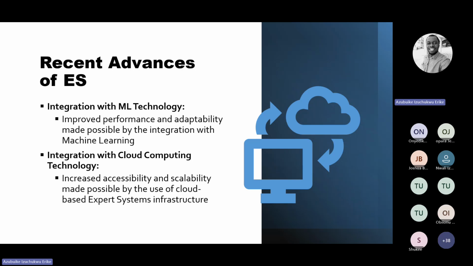Then there is integration with cloud computing technology, which gives increased accessibility and scalability, made possible by cloud-based expert system infrastructure. These are the recent advances. And I want to believe maybe there's an integration of blockchain that may also have been included in expert systems development. Okay, thank you very much.